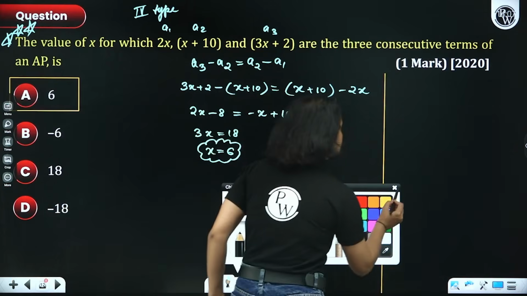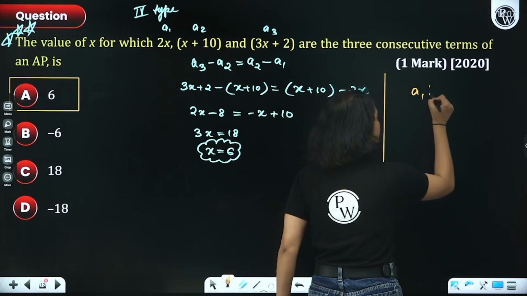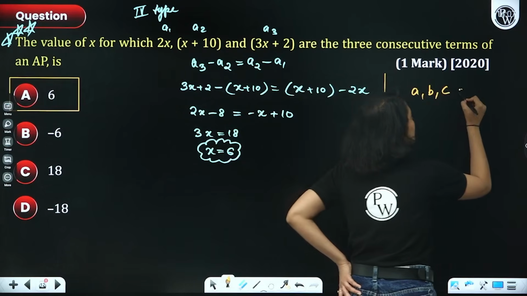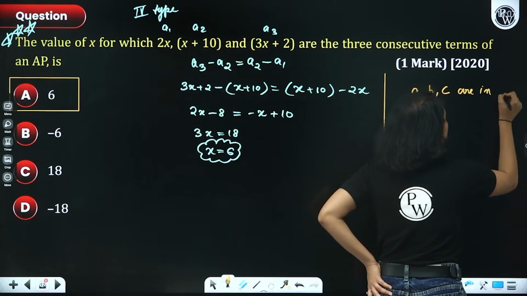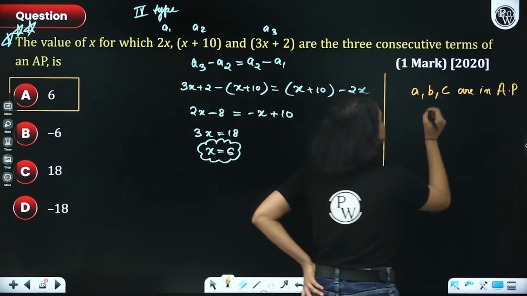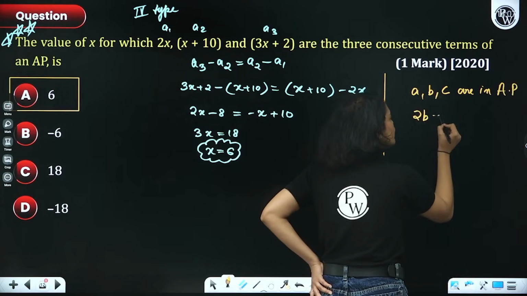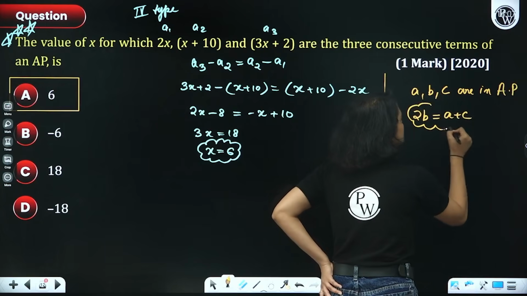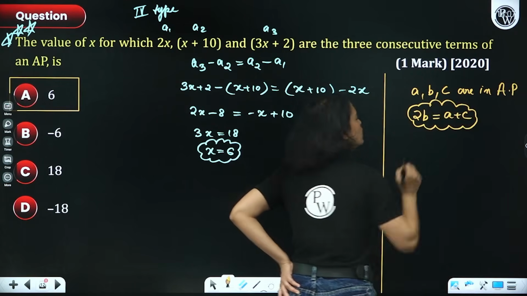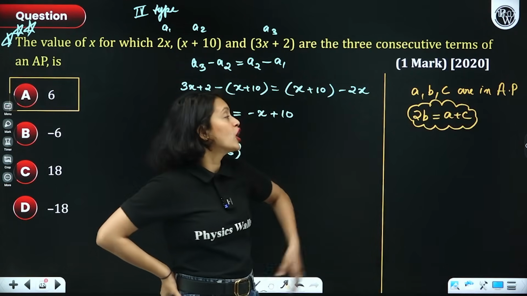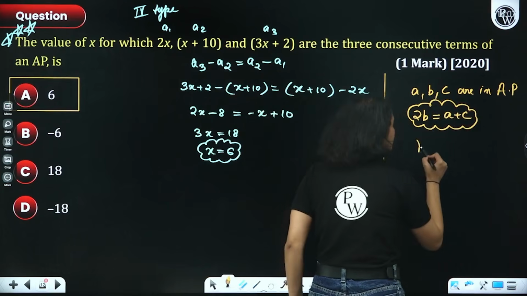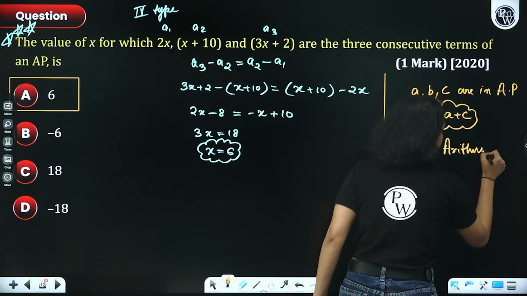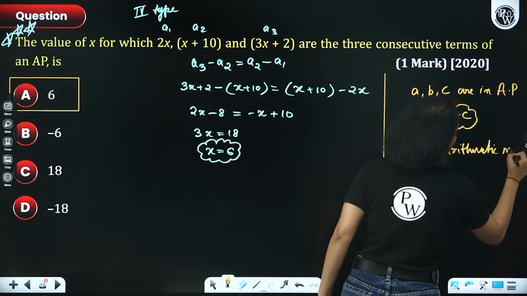So, dekho, whenever A, B and C are 3 terms in AP, in that scenario, twice of the middle term would be equal to the sum of extreme terms. Or you could say that B is the arithmetic mean of A and C.